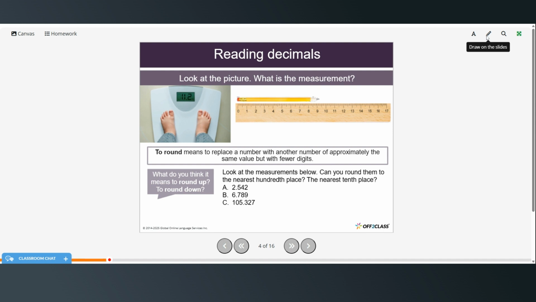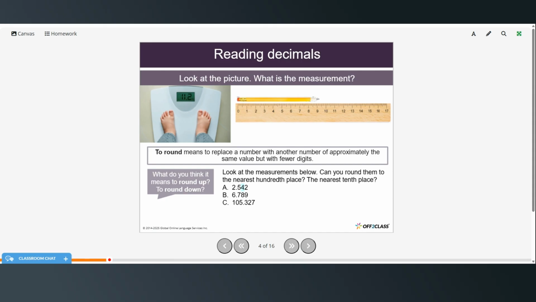All right, so if we look at each of these, 2.542, the nearest hundredths place would be the 4. Because the 2 is less than 5, this could round to 2.54 for the nearest hundredths place.